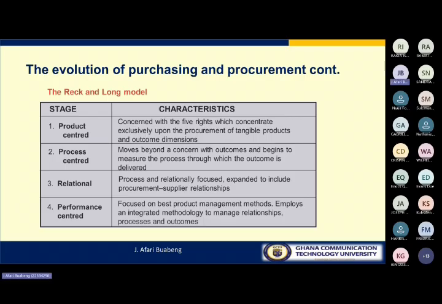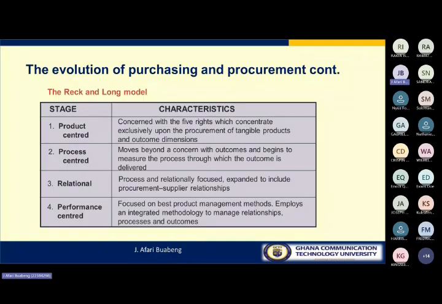Anytime there was a procurement process, purchasers were concerned with the 5 rights, which concentrate exclusively upon the procurement of tangible product and outcome dimensions: right quantity, right price, and so on.